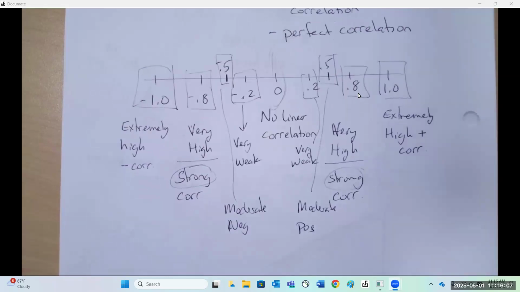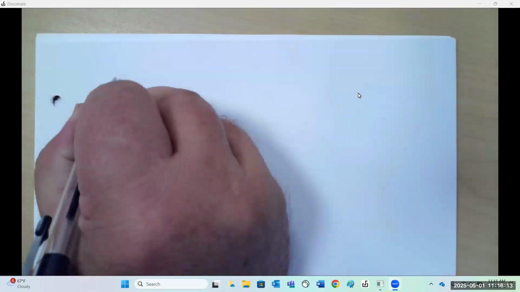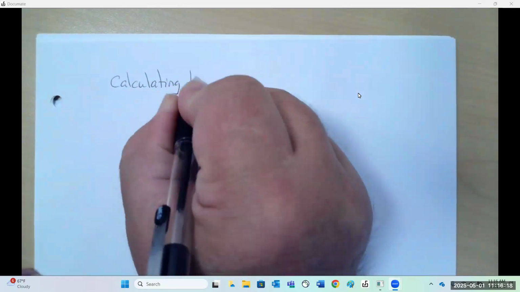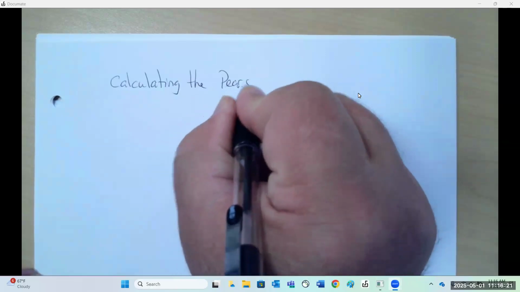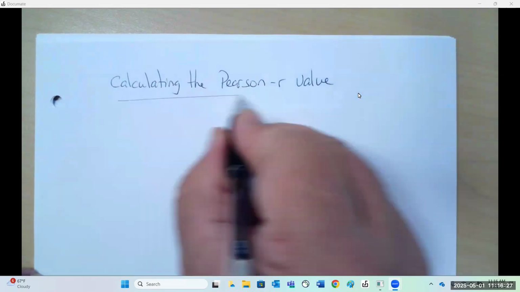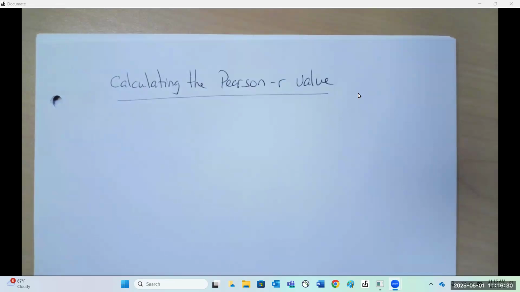So where does the R value come from? All right. We have two standard types of equations that we use for the R values, depending on how we're going to use them.